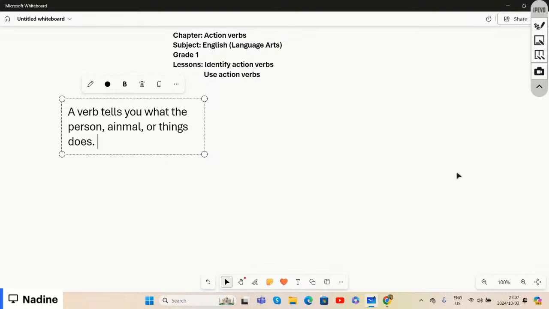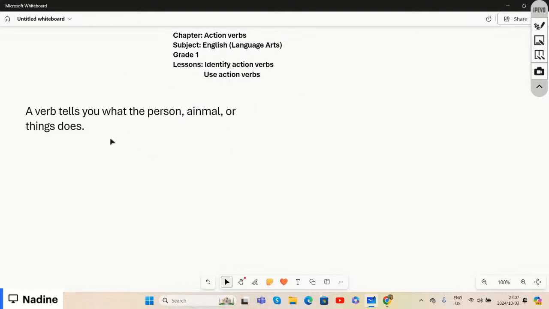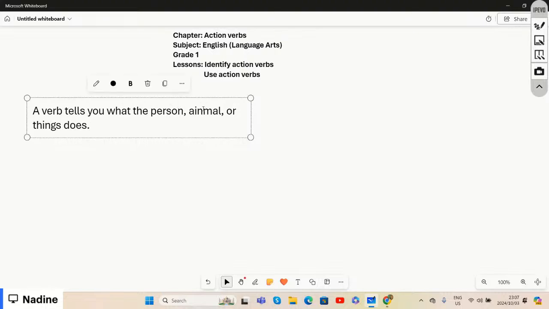So that is our verb, all right? So it either tells us what the person is doing, tells us what the animal is doing, or it tells us what the thing does. That is the verb.